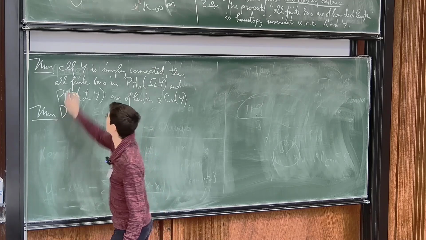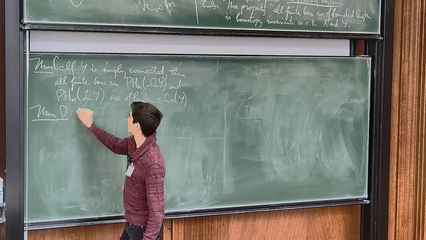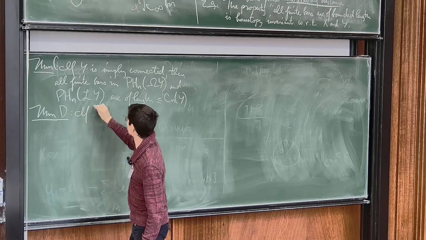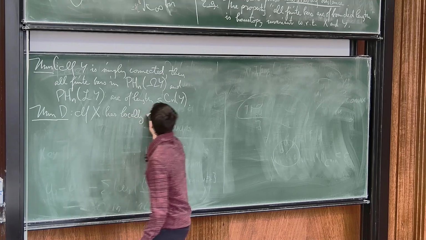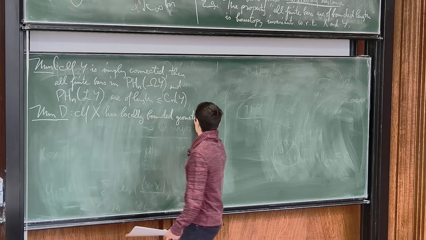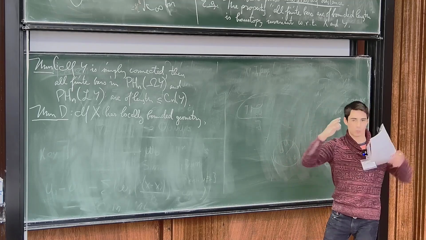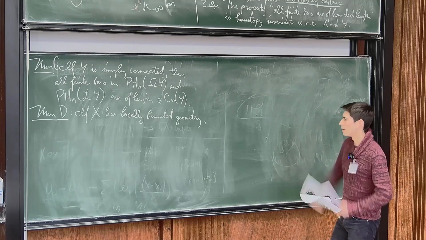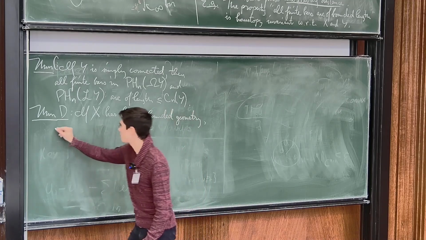And then the other situation in which we can get this property is if, let's say, X has locally bounded geometry. When I write down theorems like this, I usually say X is a simplicial complex where the simplices have a standard metric on them, but you can also use other forms of locally bounded geometry. It doesn't really matter.